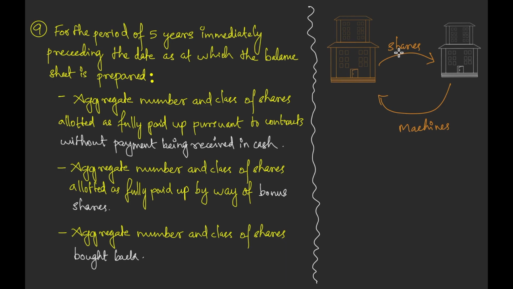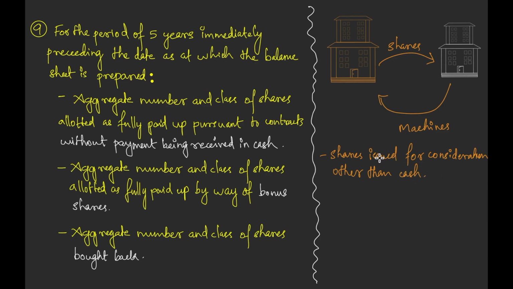So this is issue of shares by our company without receiving any cash. Here we are not receiving any cash. For issue of shares we are receiving machines. So this point can be written as shares issued for consideration other than cash.